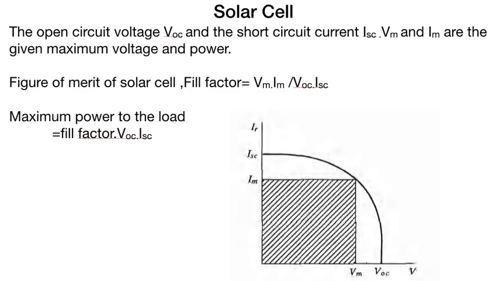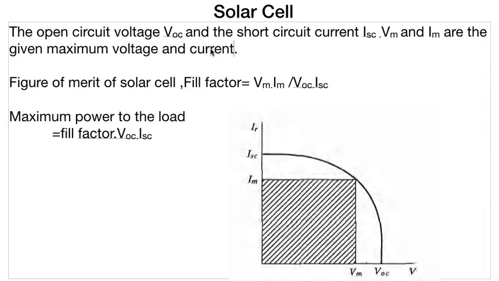For that we need to know four parameters: short circuit current, open circuit voltage, and the maximum power point current Im and voltage Vm. To know the fill factor, we have Vm Im divided by Voc Isc. The maximum power to the load will be the fill factor times Voc times Isc.